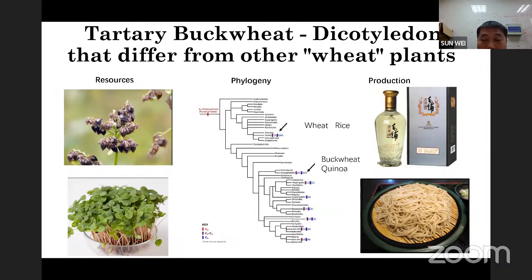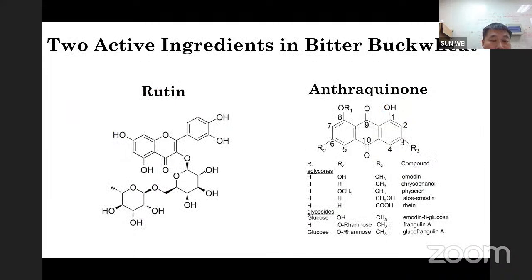In China, many products can be made from Tartary buckwheat. Two active ingredients in Tartary buckwheat, or bitter buckwheat: number one is the flavonoid rutin.